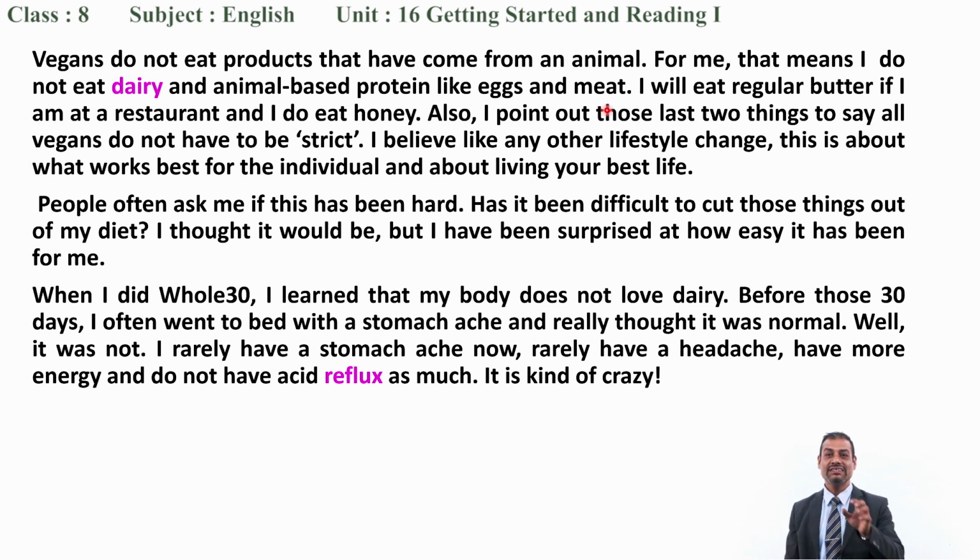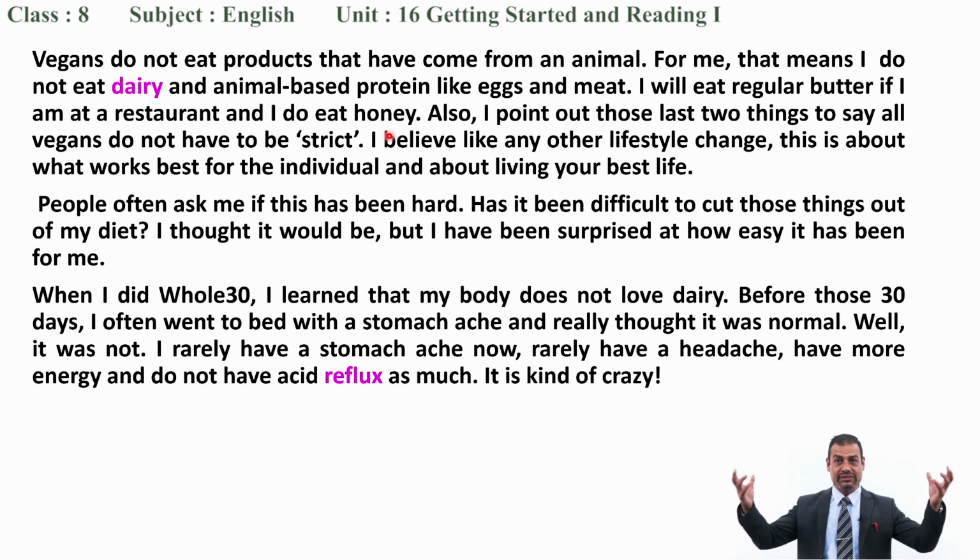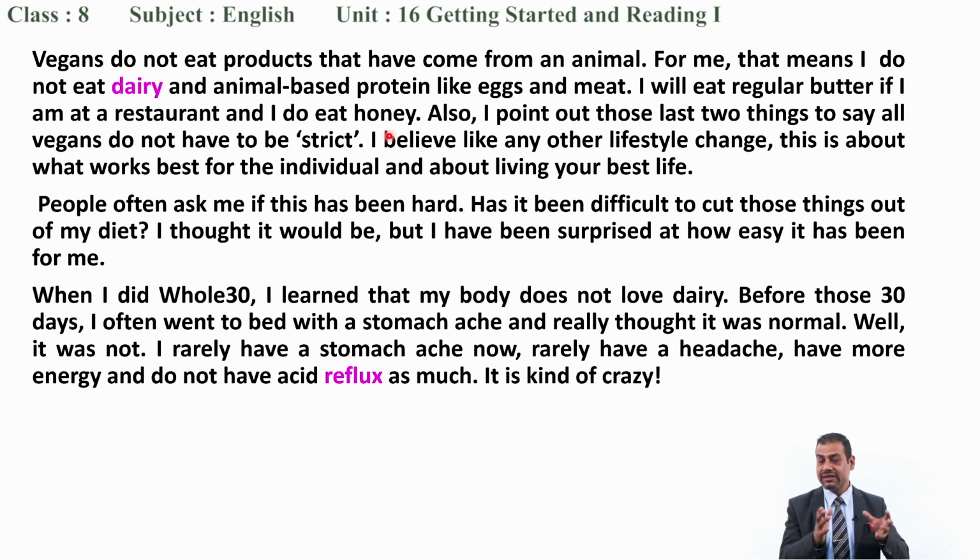I will eat regular butter if I am at a restaurant and I do not eat honey. So if we eat outside, at a restaurant, at that time we can regularly have these things. So here the narrator also previously said, I ate more out, meaning we get spicy food, this type of more proteinous food, and this is what the narrator also says.